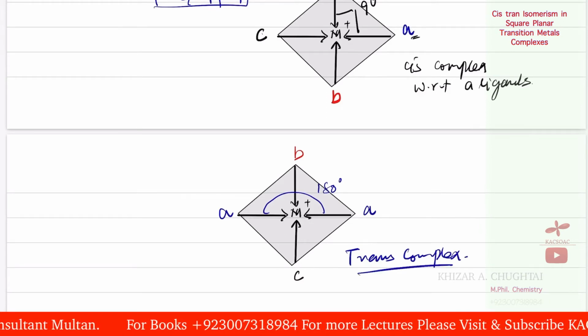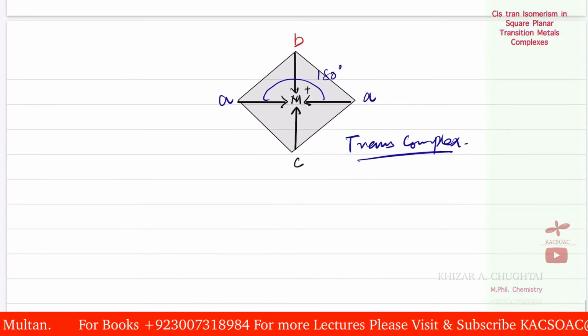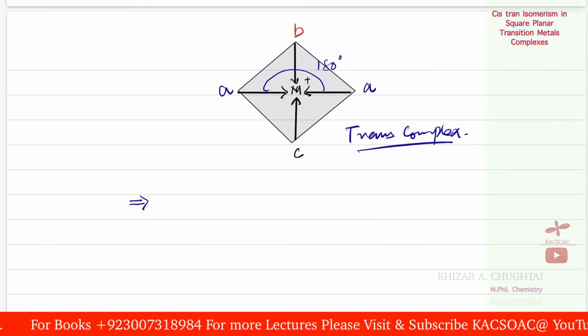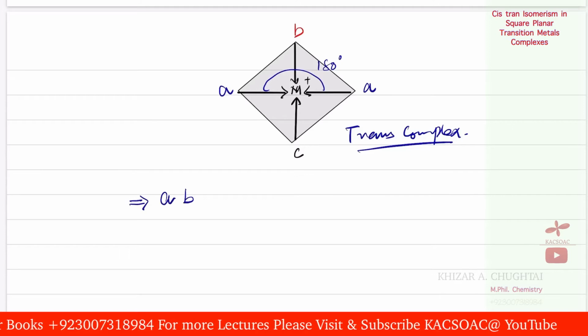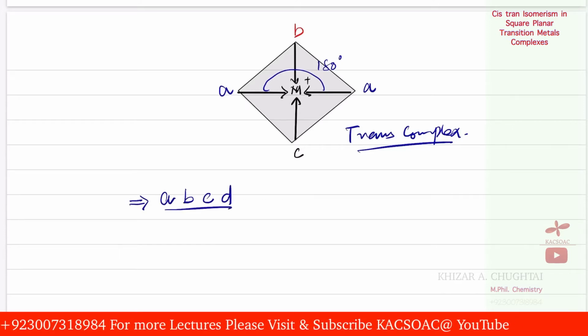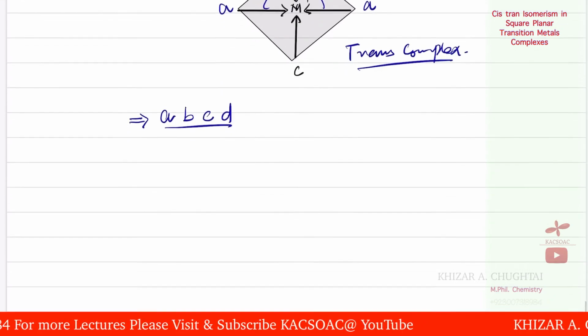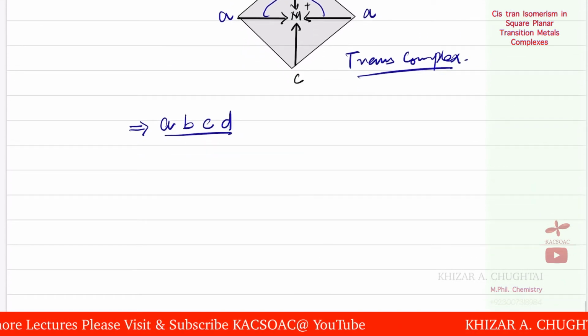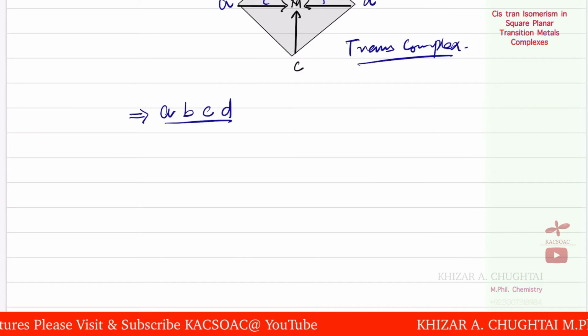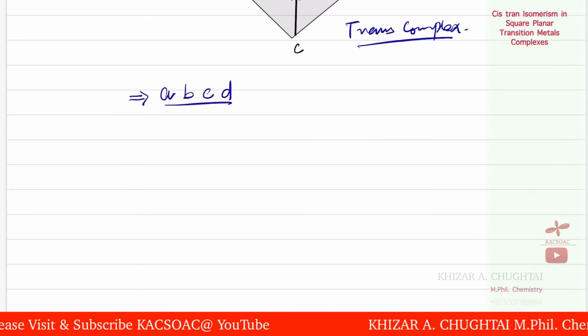The next possibility is if there are all different ligands, A, B, C, and D, four different ligands. Then what is the possibility of cis-trans isomerism or geometric isomerism?